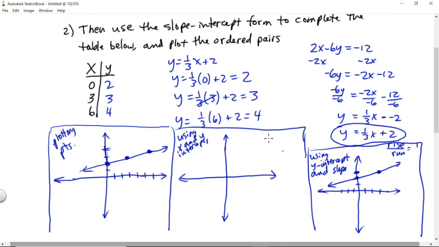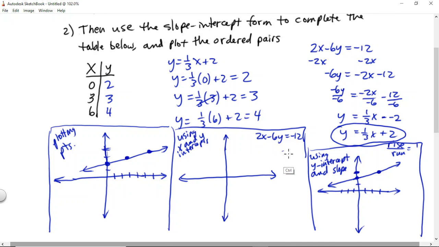Okay, so let's find those. We can do that right here. Our original equation is right here. So that's 2x minus 6y equals negative 12. So the x-intercept, well, let's see, I've got to keep this out of the way of my line.